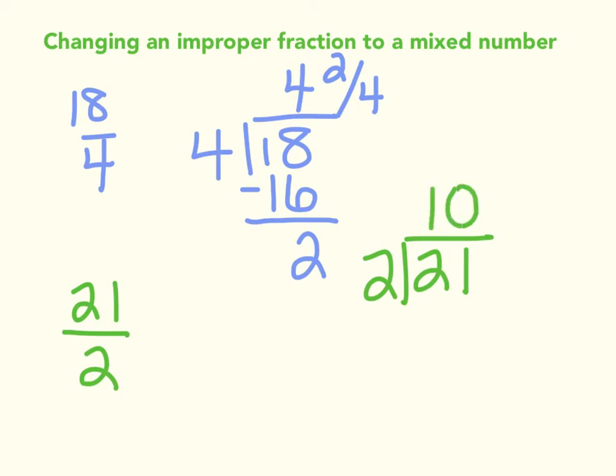So 10 times 2 is going to give me 20. I'm going to subtract. I have 1 left over. I cannot take any 2s from that. So it becomes 10 and 1/2. So there we've taken two improper fractions and changed them into mixed numbers.